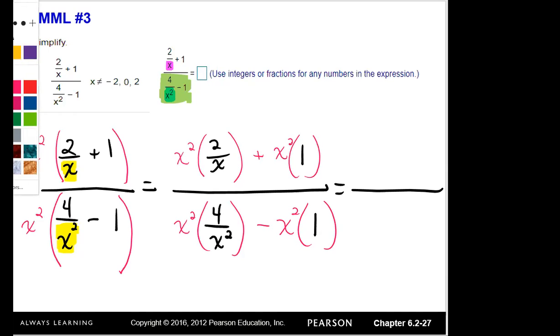And then what's going to happen is this x is going to cancel out one of the x's from my x squared and leave me with the other x. And then x times 2 is a 2x.